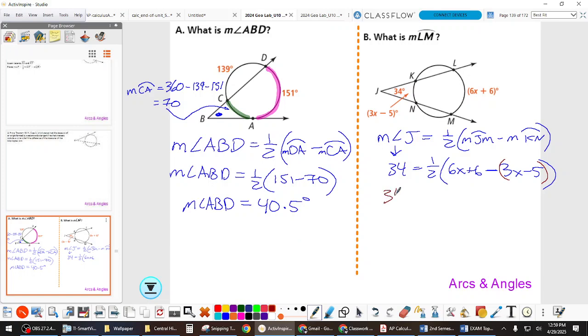Okay, so rewrite, we're going to combine our like terms in here. So we get 6x minus 3x, which is 3x. And then 6 minus negative 5. What does that become? 11. Okay? And then what should we do at that point?